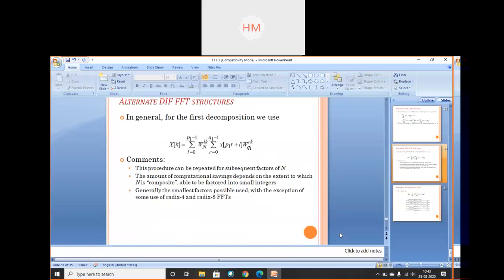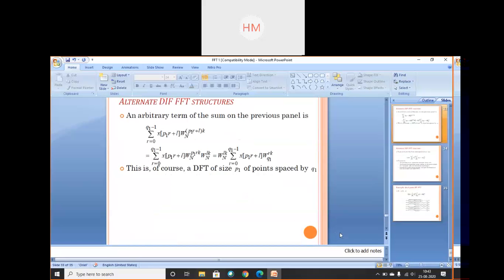So now write down one numerical. Given x of n, I'm telling you the values. X of n, put the brackets. This is my x of n given to you.